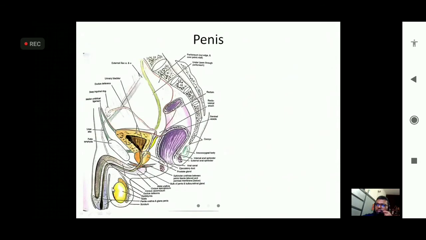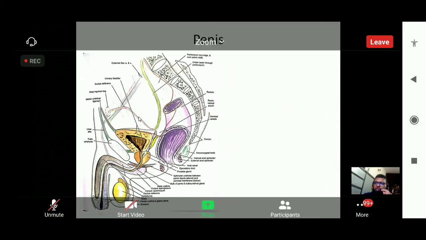Okay. So let us start with this. This is the flaccid state of the penis, and let me make one thing clear to you. The part which is visible from here, this is the rectum, and this is the part of the penis.